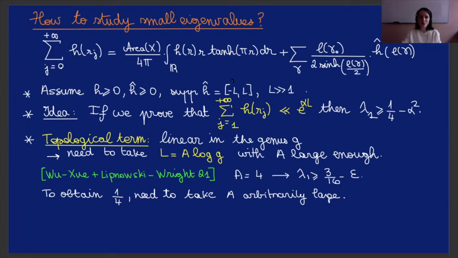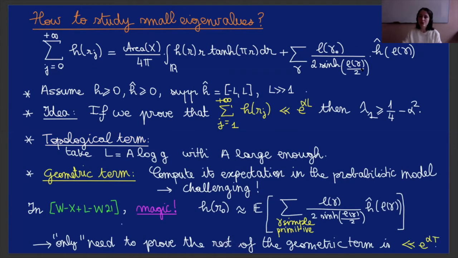And in order for this term to not be too big and not blur out everything, we're going to take very long lengths, length L equal to A log G. And actually in the two very recent papers which prove that lambda 1 is greater than 3 out of 16 minus epsilon, they take A equal 4. But you can see very naturally that in order to get to a quarter, you need to take A arbitrarily large, and that's quite challenging, as we will see in the second part of the talk.